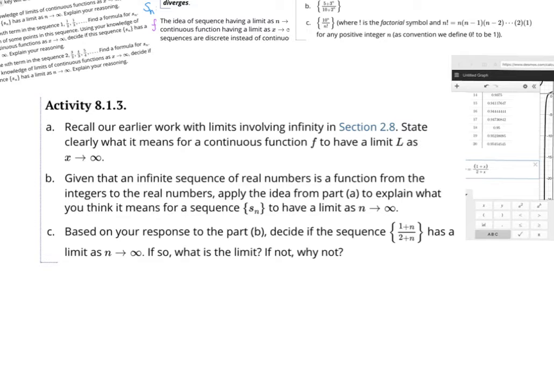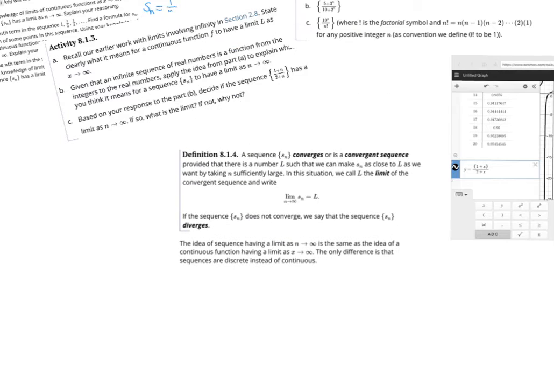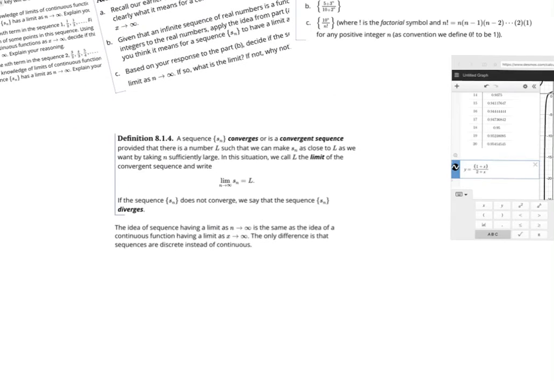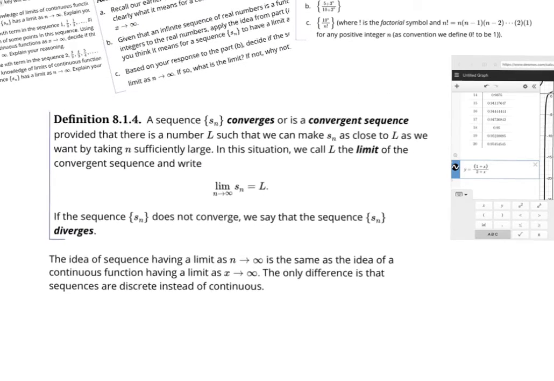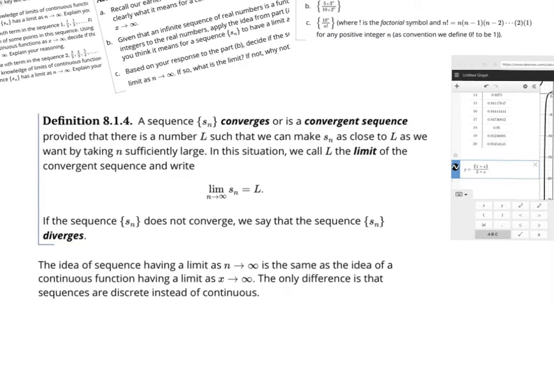Now that we've explored sequences a little bit, let's look at a definition involving their behavior. We did mention this in class, but it's worth mentioning again.